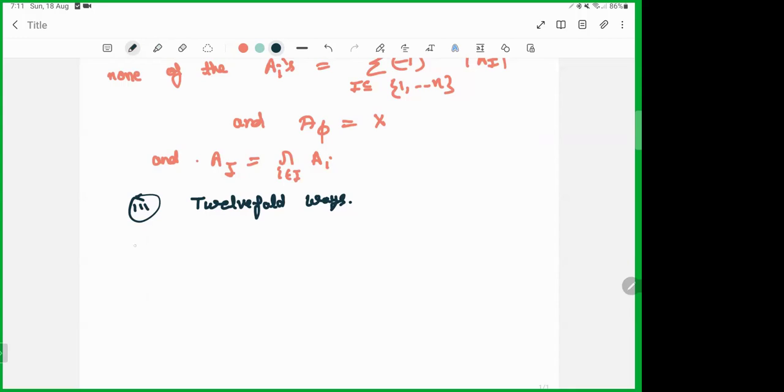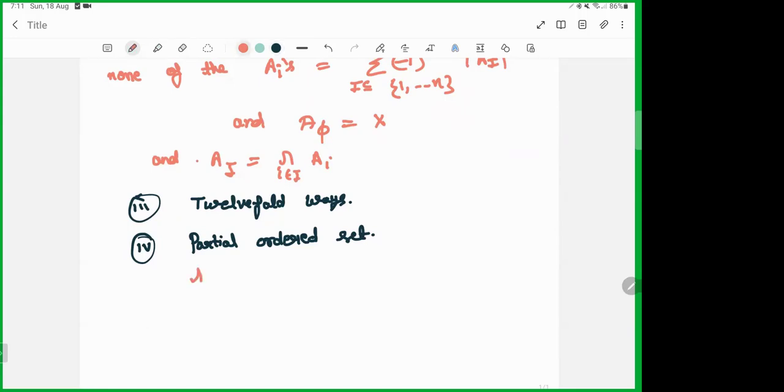We have also done partially ordered sets. So what is a partially ordered set?